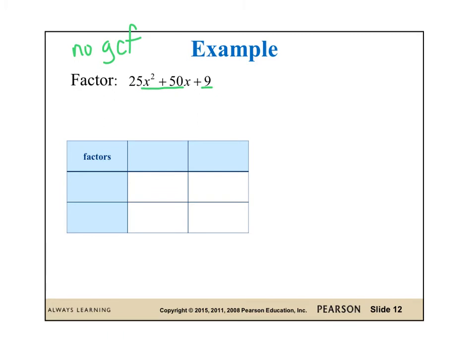So we start out, as usual, 25x squared plus 9. We know there's going to be an x here and an x here. And 25 times 9 is 225.